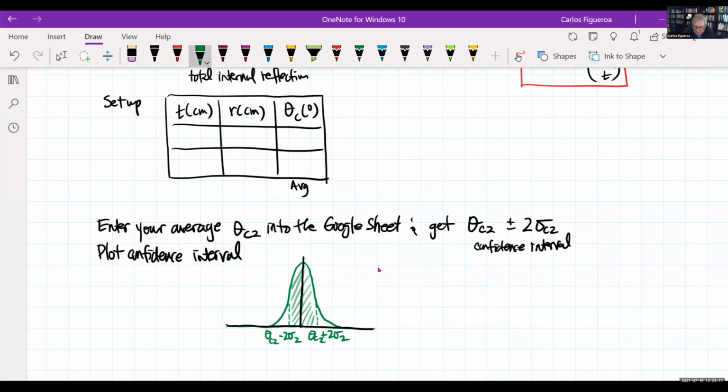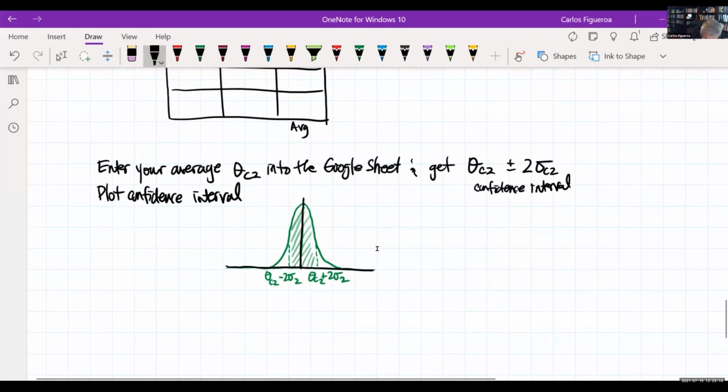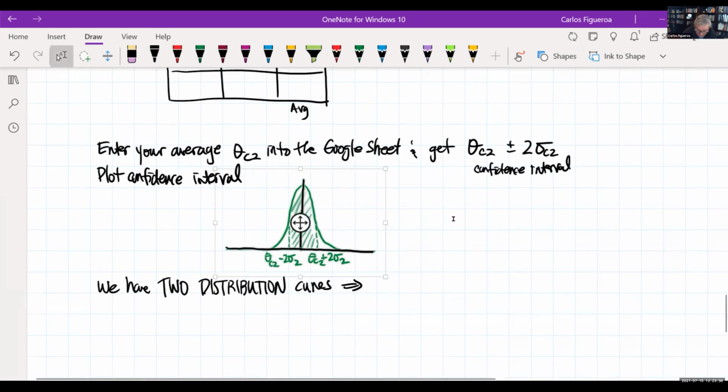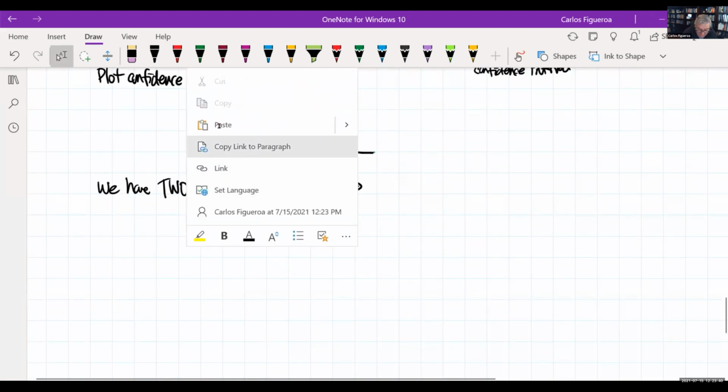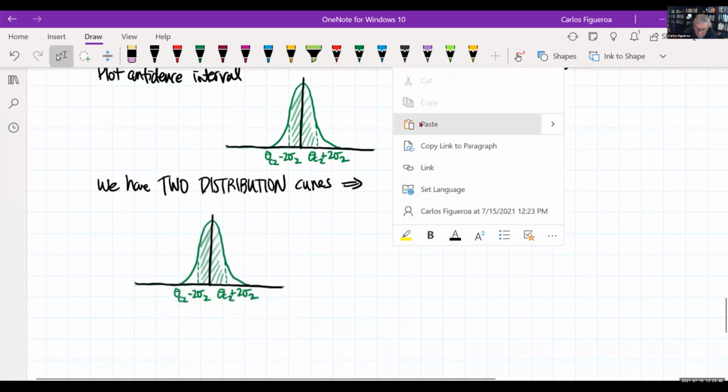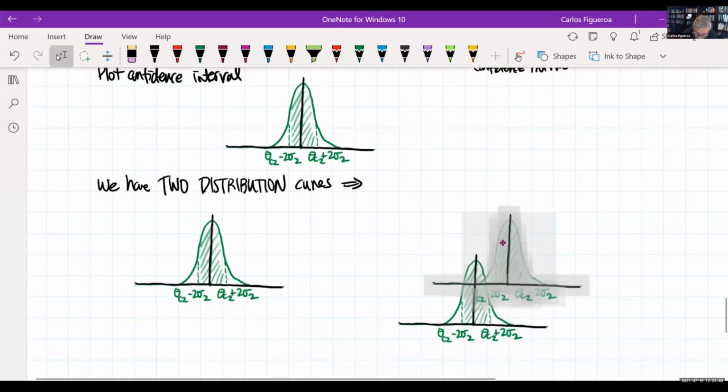So now I have 2 distribution curves. And this implies, if I take this curve, then I'm going to paste it twice right here.